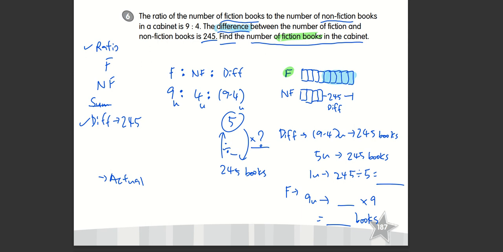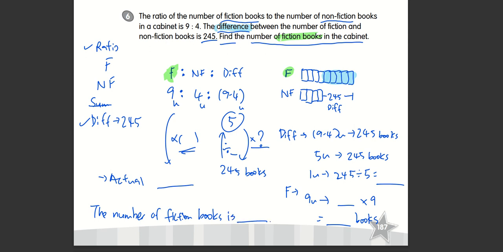And then after that, I'm supposed to find fiction as the question asks. So I'll multiply with the same quantity, the relationship number, and then I'll get the answer. So the number of fiction books is, okay, I'll leave you to solve this.